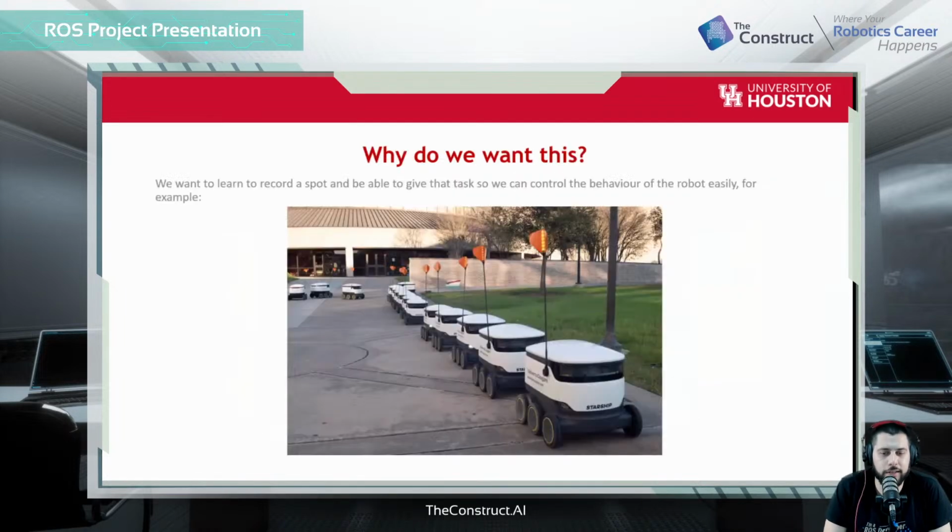Yeah. And what I think about this application is why we want this, why we want to save a spot, or why we want to send some command to the robot. Like in my university, there's this Starship robot. You can put food in it, and they just deliver it directly to the person autonomously. Well, that previous one is a good demo to show what that thing is capable of.